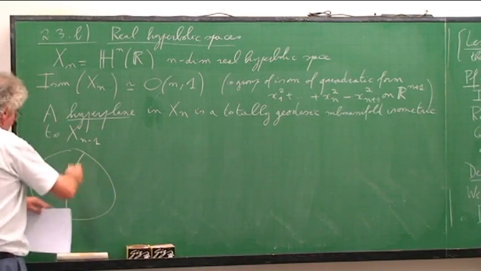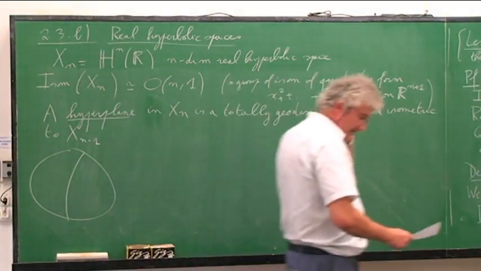In dimension 2, a hyperplane is nothing but a hyperbolic line.